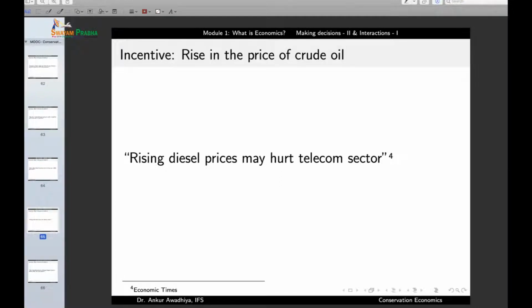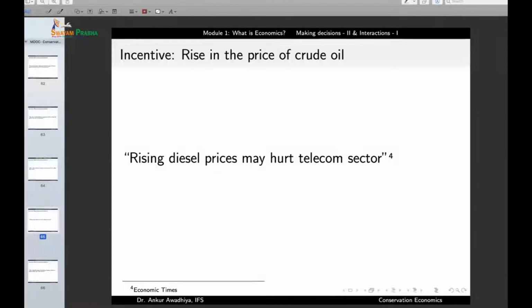Because the cost of providing this service of telecommunications is going up because of the increase in the price of crude oil. So if there is an increase in your cost and there is not a corresponding increase in your selling price, your profits will take a hit. So this says that rising diesel prices may hurt the telecom sector.